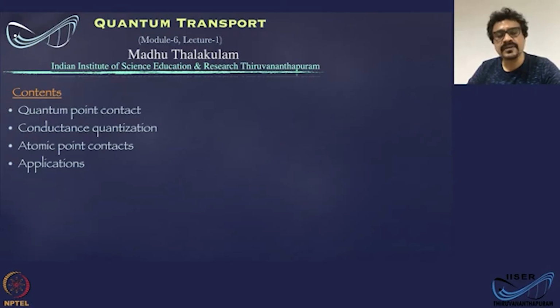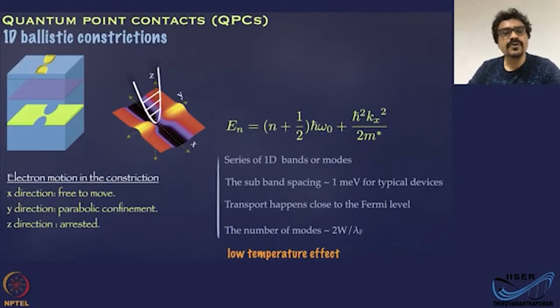Okay. So these quantum point contacts are one-dimensional ballistic constructions. What you have here is a thin construction where the transport is one-dimensional.